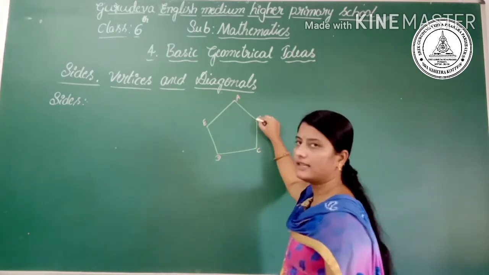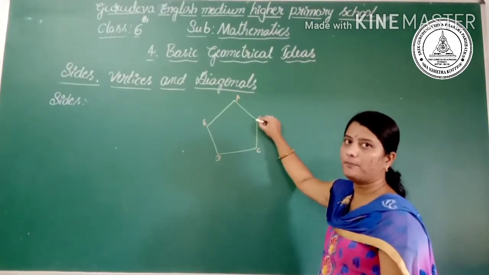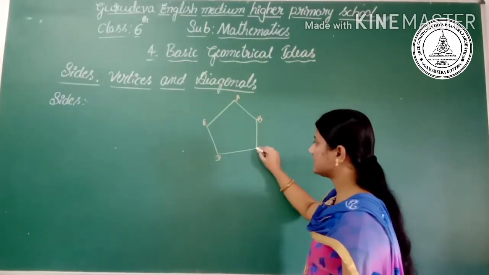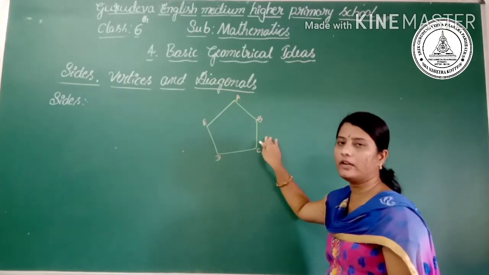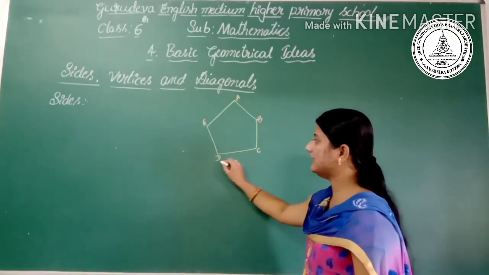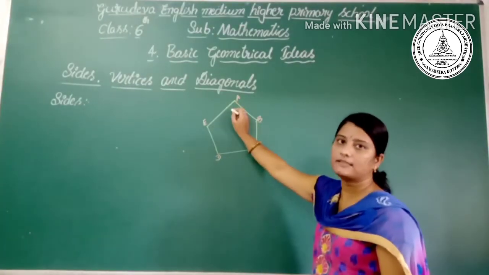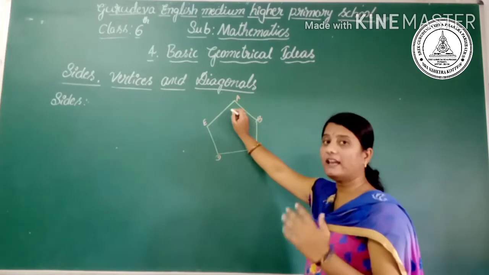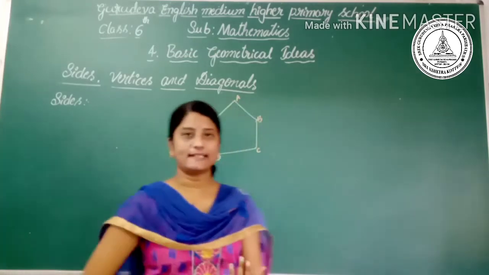AB is a line segment. It is one of the sides of the polygon. Then BC is one of the line segments and it is also one of the sides of the polygon. Then CD and DE, and EA are the sides of the polygon.